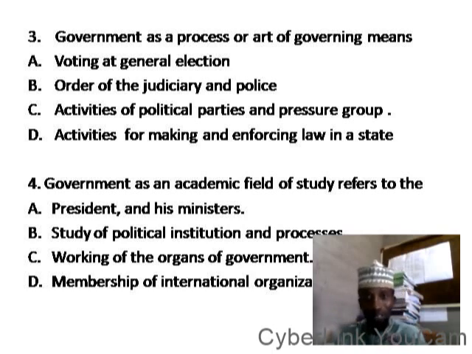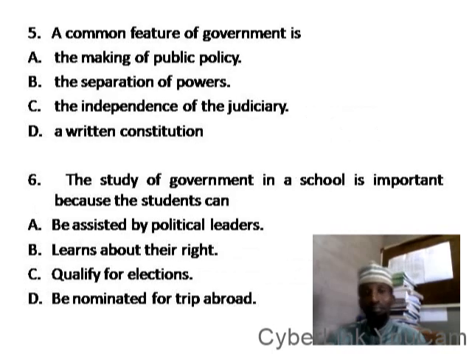So you look at the two, you will see that our correct answer is option B, which is the study of political institutions and processes.